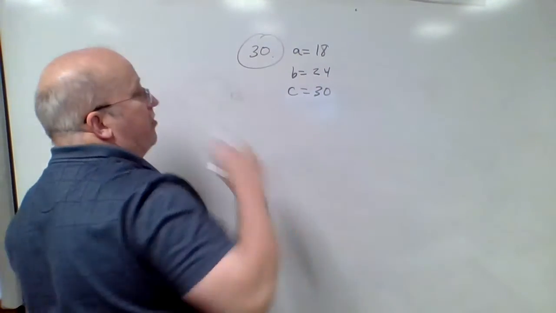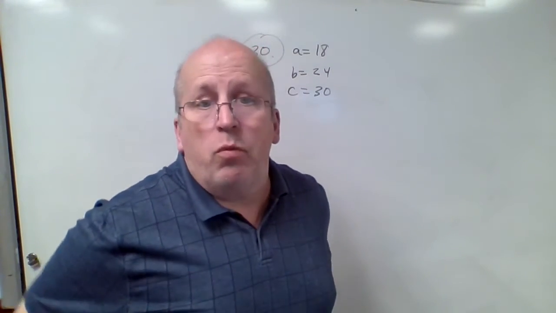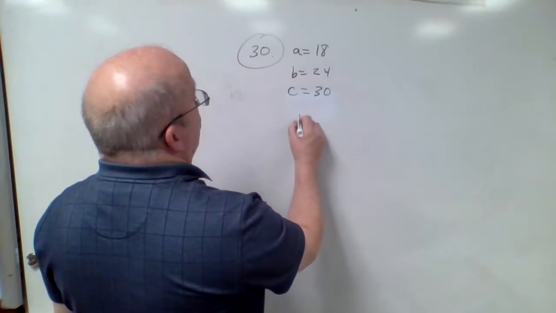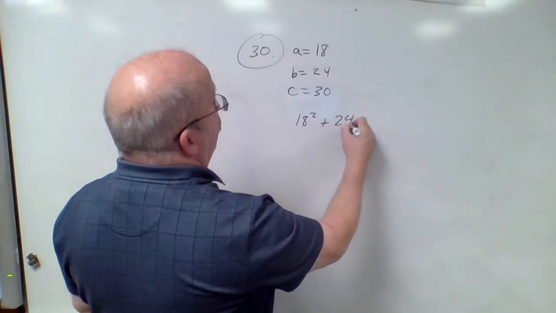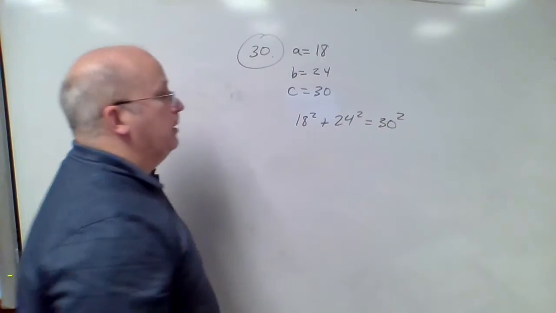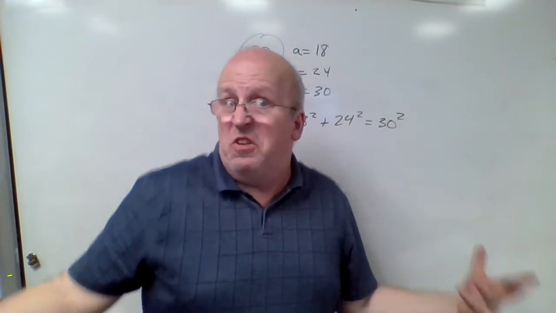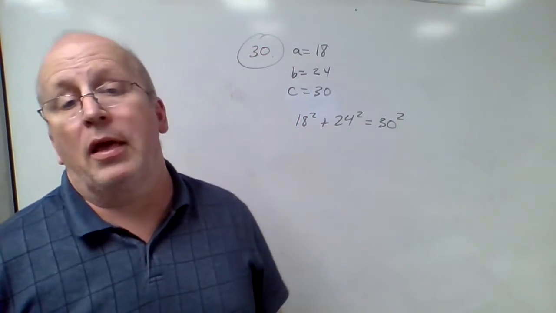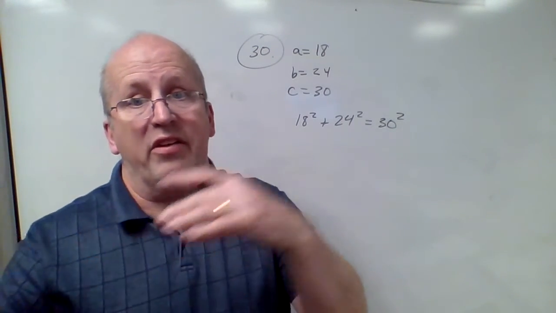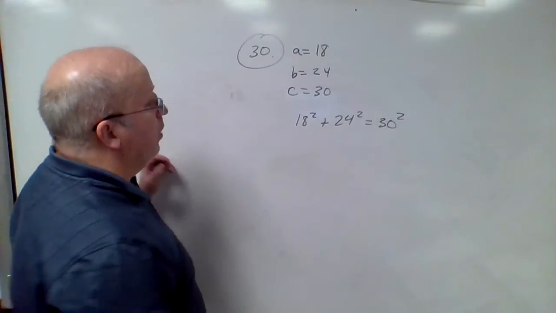Do you remember that assignment dealing with the finding of Pythagorean triples? That's what this section's all about. What we do is we say to ourselves, 18 squared plus 24 squared, does that equal 30 squared? If it does, we're going to write yes, because these three numbers make a Pythagorean triple. If the left side is not equal to the right side, then we're going to write no.